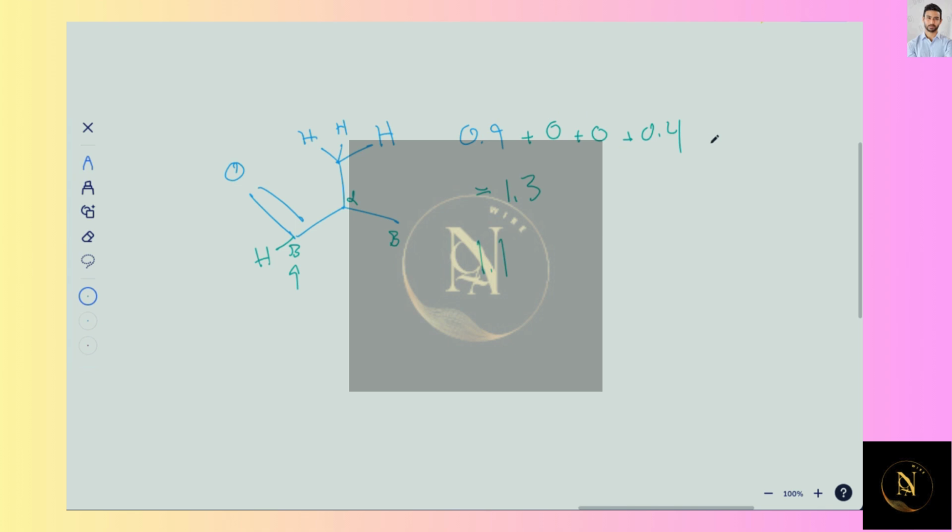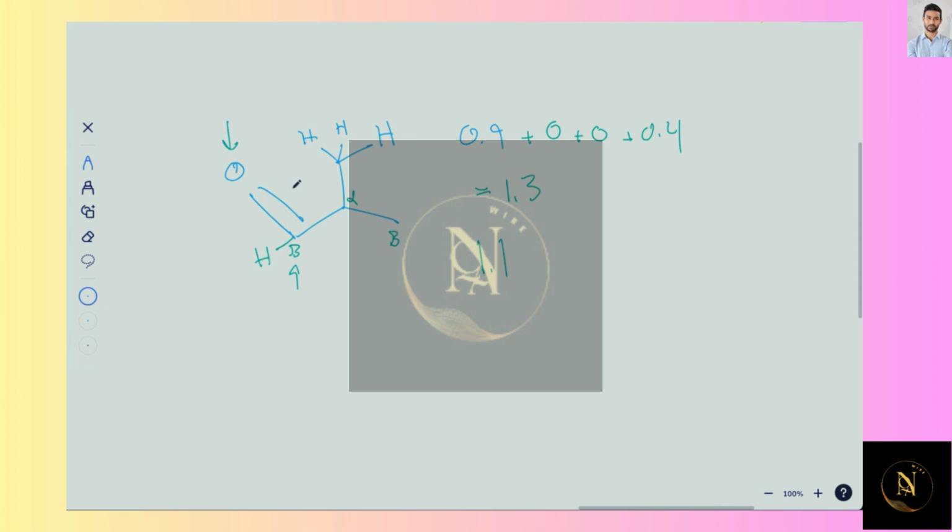The thing is that these values come from tables, so if someone else made this table, it may not be exactly the same. But theoretically, this is de-shielding, and so it should shift the ppm upward, but it's pretty far away, so the effect is going to be relatively small.